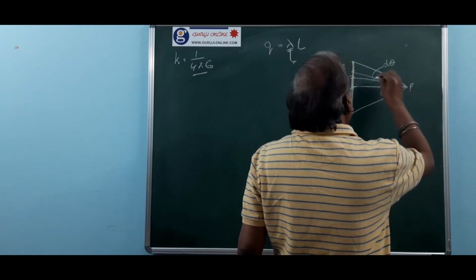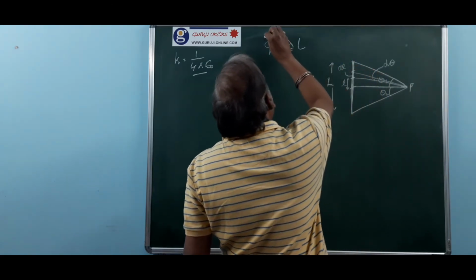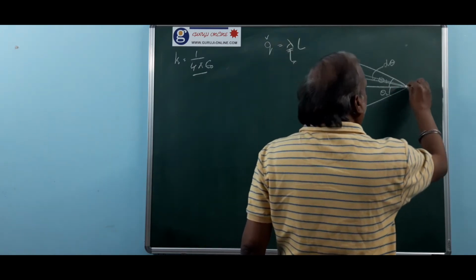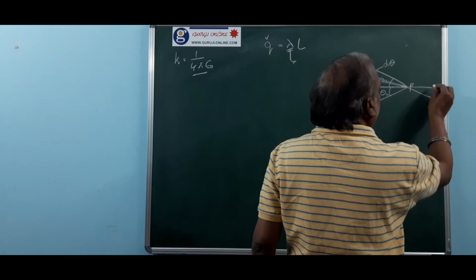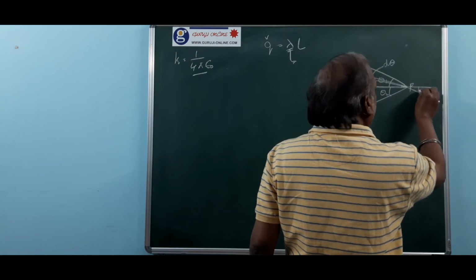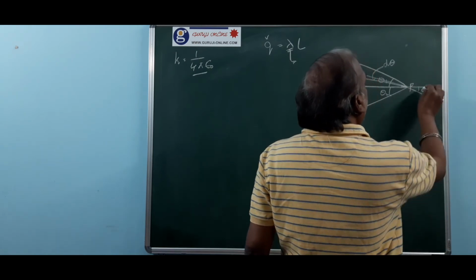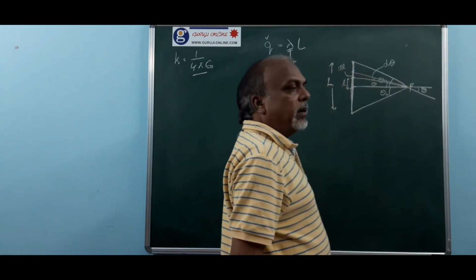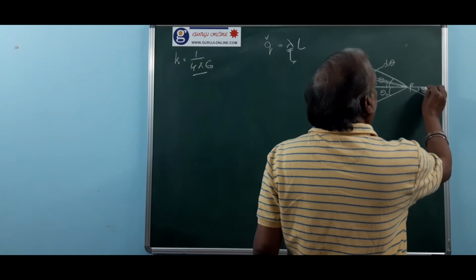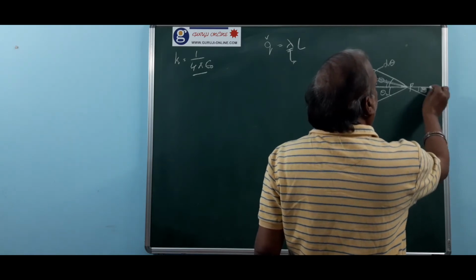So you know, suppose this is positive, and then it will have the electric field like this. This will be theta, because this is your theta, correct? And this electric field will have two components.